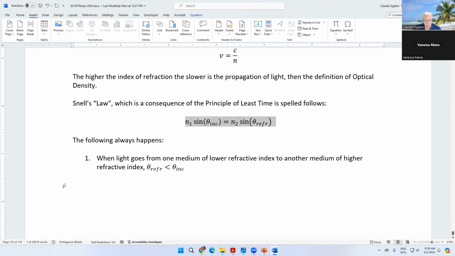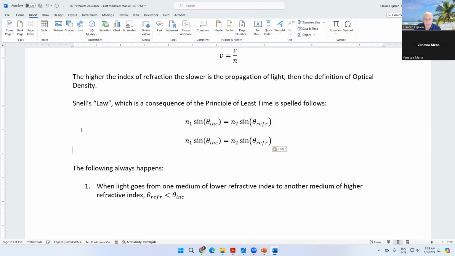We can analyze this formula. When light goes from one medium of lower refractive index to another medium of higher refractive index, I'm going to write it here: n1 is less than n2.